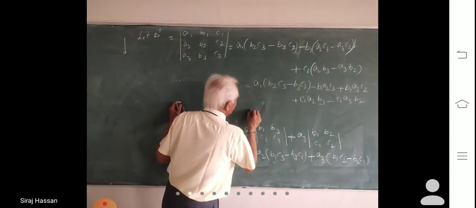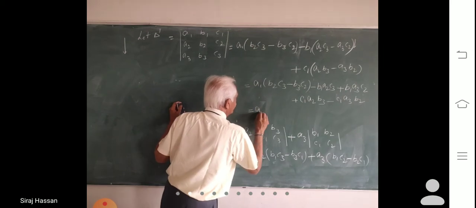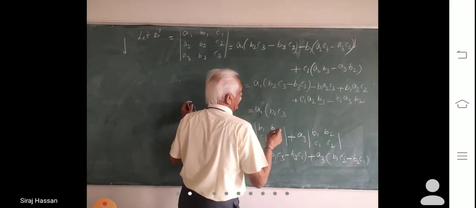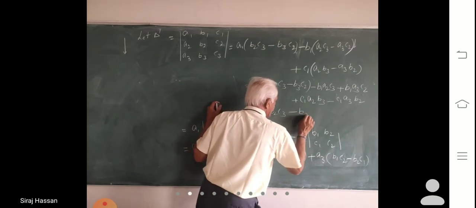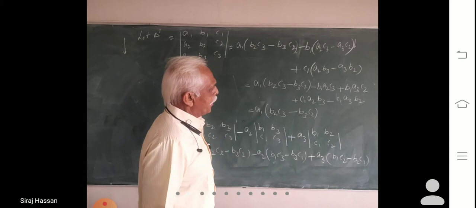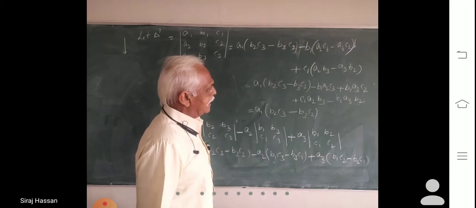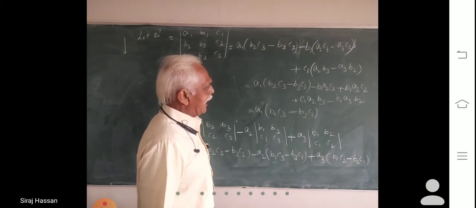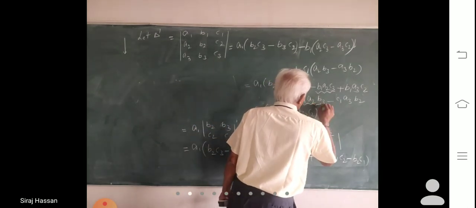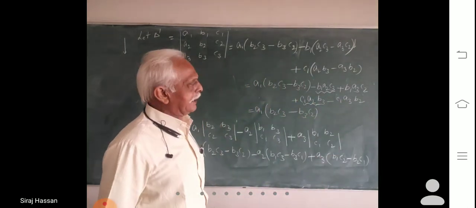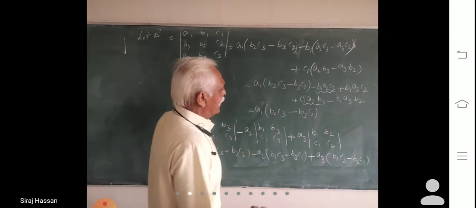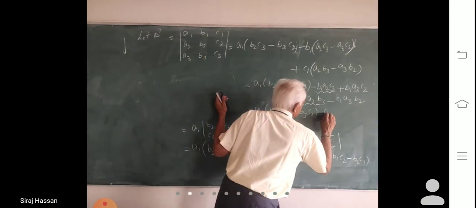Now, this is nothing but A1 into B2 C3 minus B3 C2. Now, choose the terms which contain A2. This and this have A2 in them. So, take out minus A2 common.